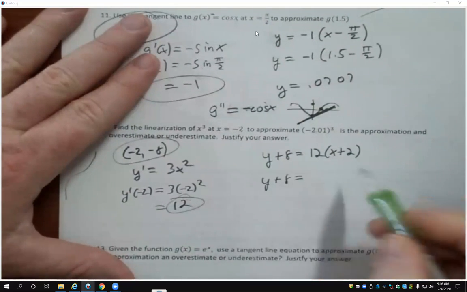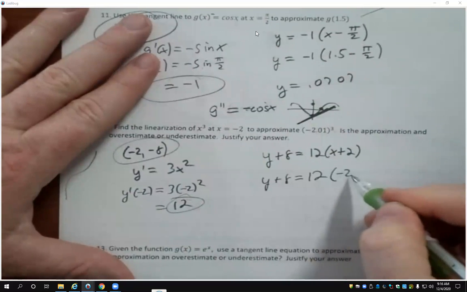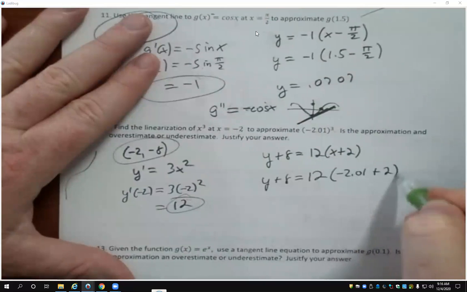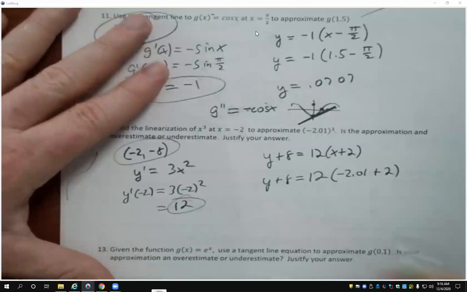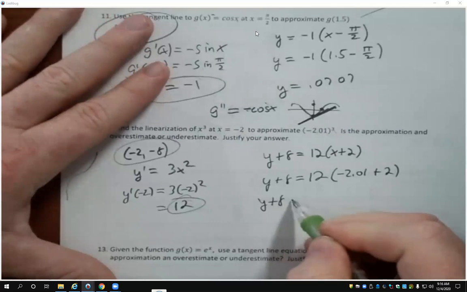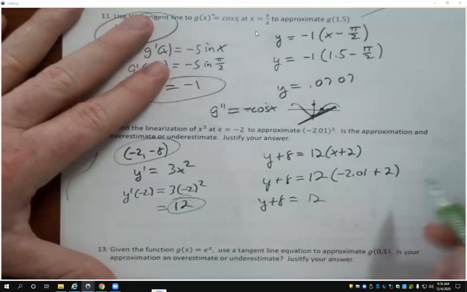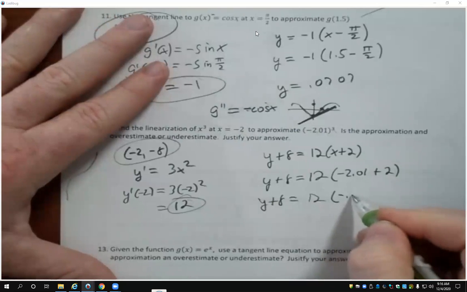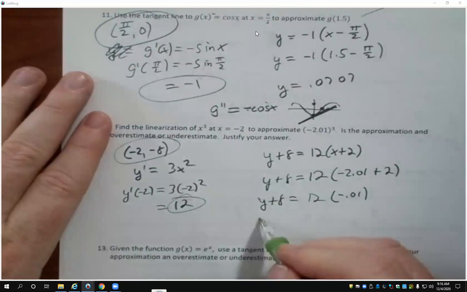So it makes this number in here a lot easier. The next thing I'm going to do is plug negative 2.01 into my x value of my tangent line. Now I'm going to solve for y. Negative 2.01 plus 2 is negative 0.01. And negative 0.01 times 12, we're just moving the decimal, because this is 0.01.